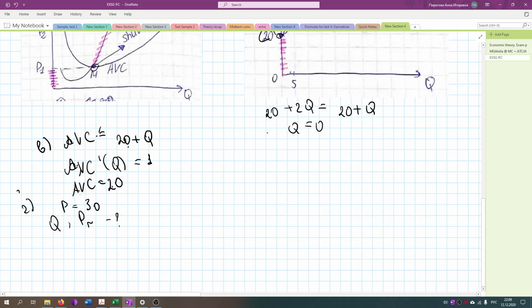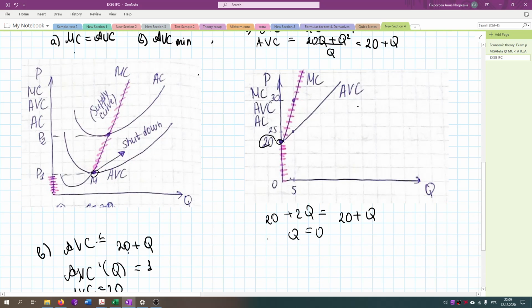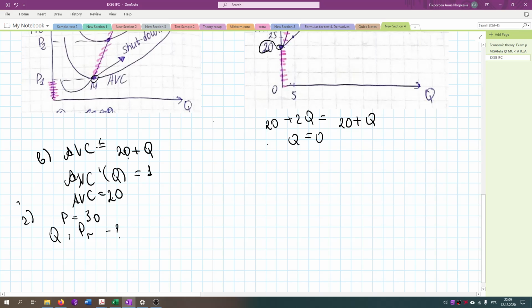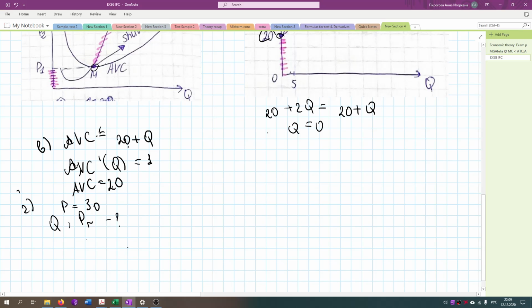And for this purpose, we can use the equation of the marginal cost, because in this interval it will be the same. So we will use the function of marginal cost, and instead of marginal cost we can write P, and then write our equation for marginal cost, and it will be 20 plus 2Q.